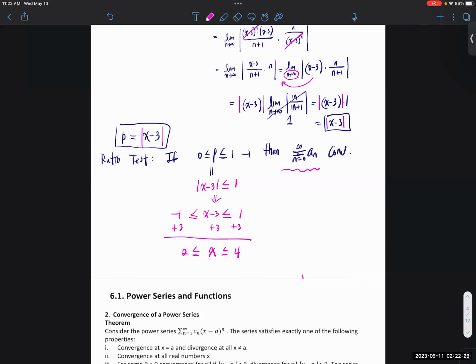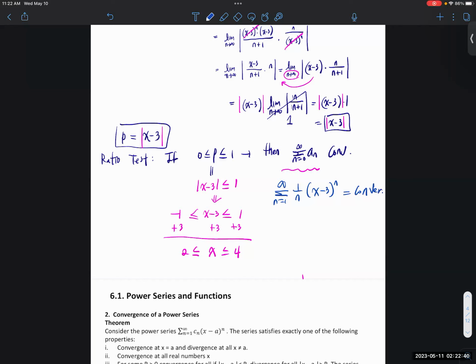So what I'm saying is, we had a question: the sum of 1 over n, (x minus 3) to the n. I want to know the possible x that makes this series convergent all the time.